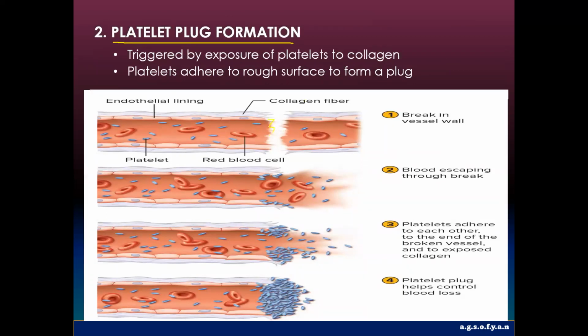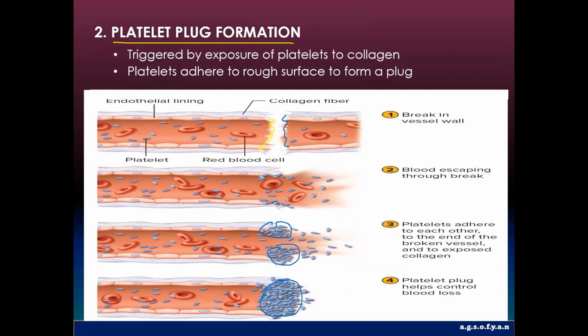If you see, this is a broken blood vessel, and the platelets in the blood plasma will go to this broken vessel and aggregate together to form this plug. This plug will cause the bleeding to stop for a while, but maybe there is still some leaky blood or blood loss happening.